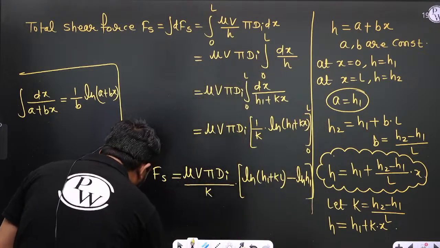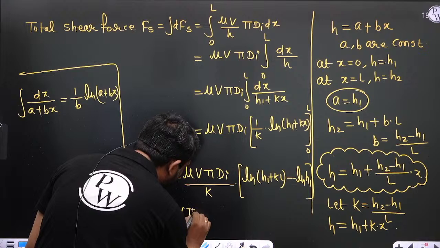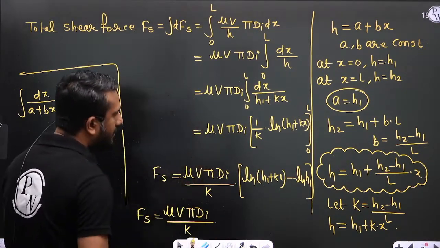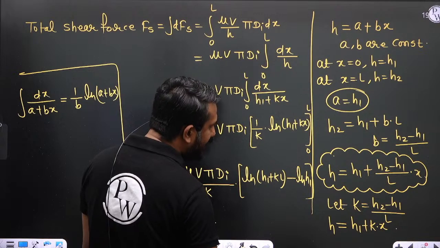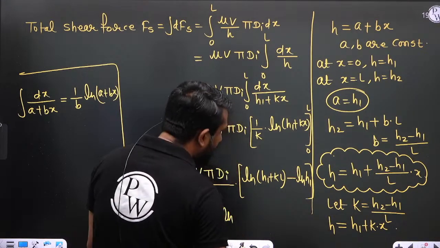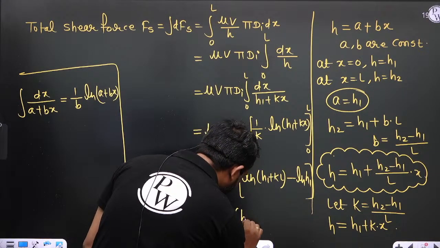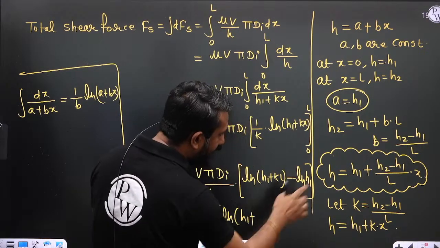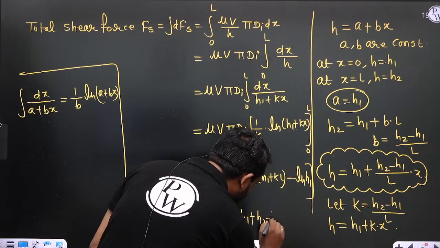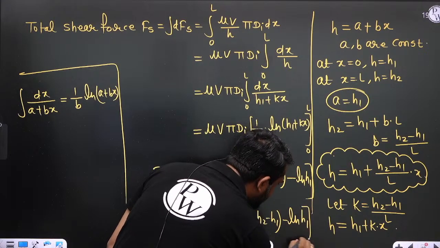So ultimately Fs is equal to mu v pi di divided by k into ln of h1 plus k, where k is (h2 minus h1) by L. So L cancels out, and it becomes h2 minus h1, minus ln h1.